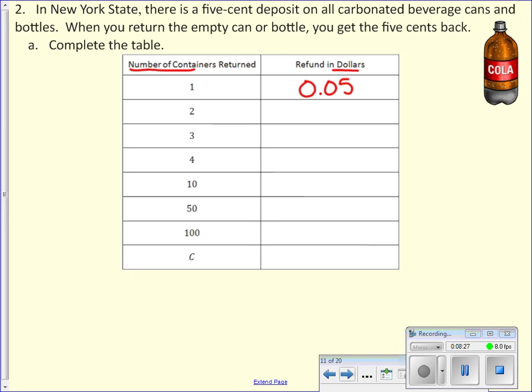Now, very carefully, let's fill in that table. So 2 cans is 10 cents. 3 cans is 15 cents. 4 cans is 20 cents. But now our table jumps to 10.